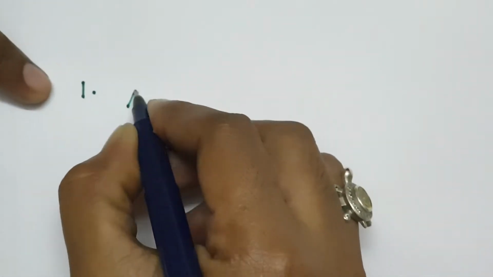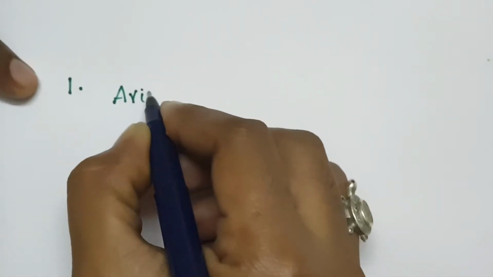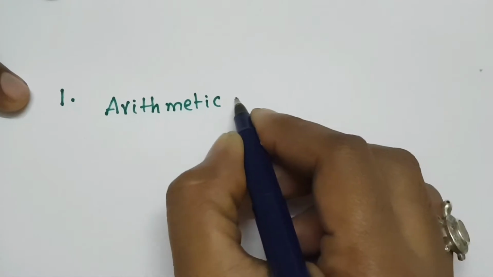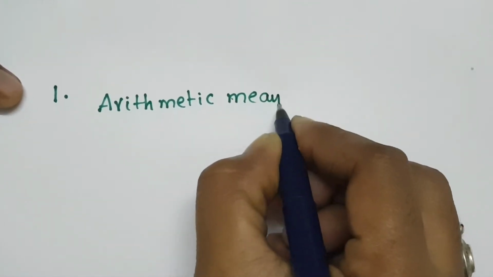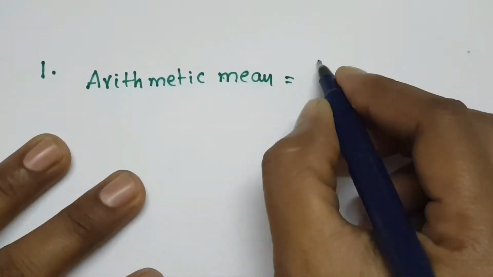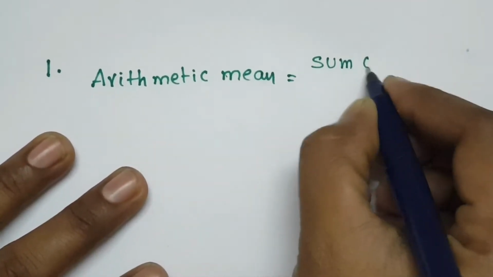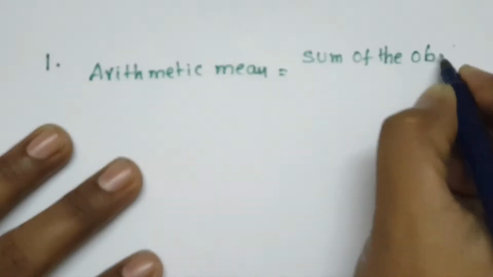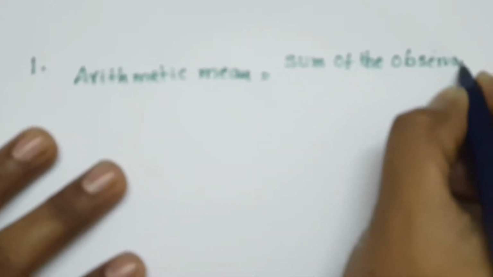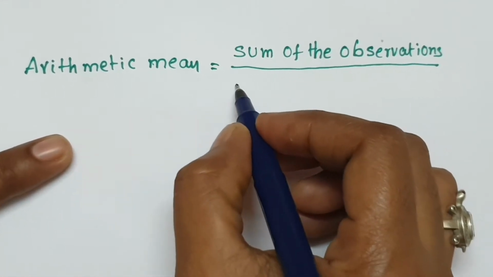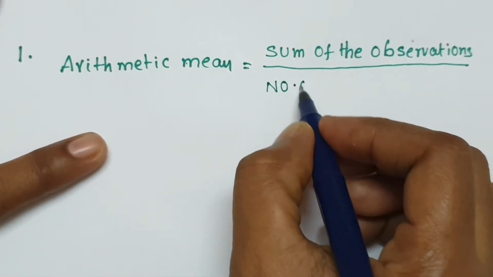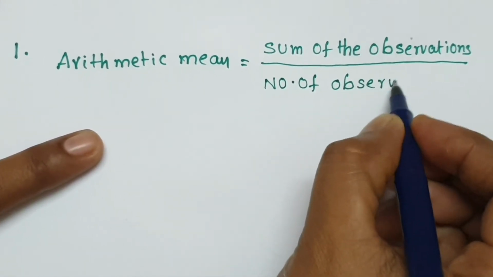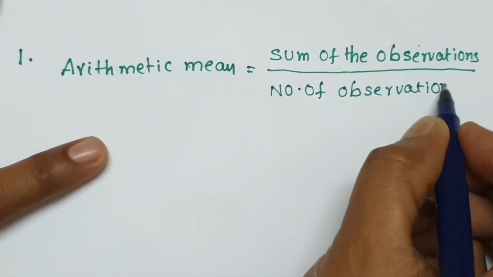First one, arithmetic mean, or AM. What is arithmetic mean? Sum of all observations by number of observations.